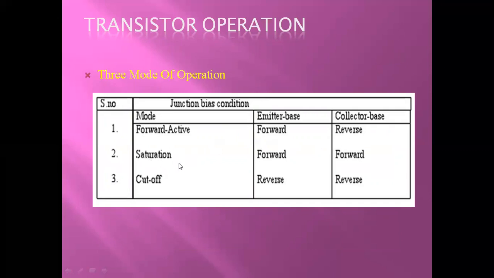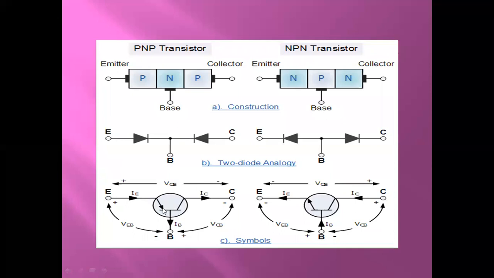In the saturation mode, emitter base will be in forward and collector base will also be in forward. Here the forward current IE flows from E to B, and simultaneously IC flows from B to C. I is nothing but the current or charge.